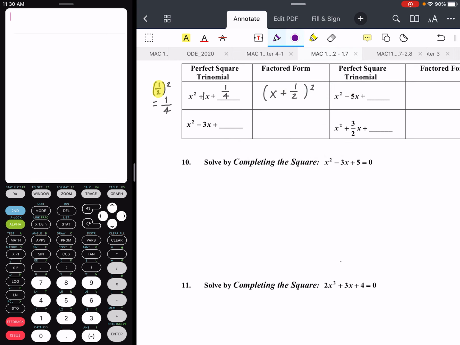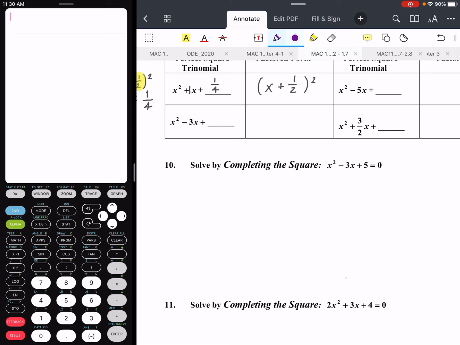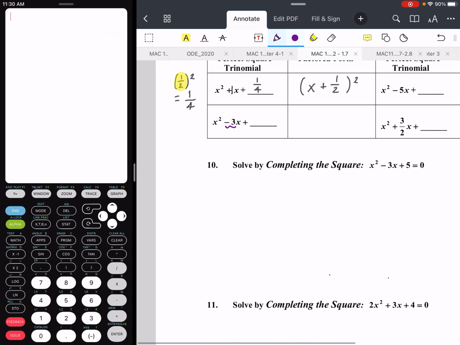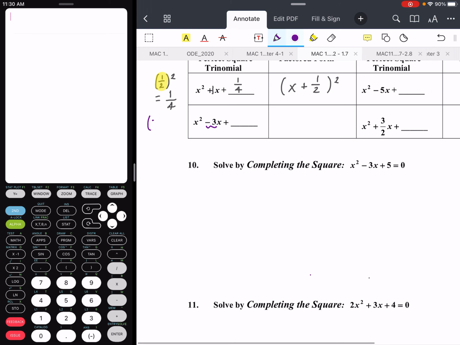Okay, bottom left example, x squared minus 3x plus, and then we want to fill that in with a constant. B is negative 3 in this example. So I'm going to take negative 3 divided by 2 and square it. Negative 3 in parentheses squared gives me positive 9. 2 in parentheses squared in the denominator gives me 4, so 9/4.